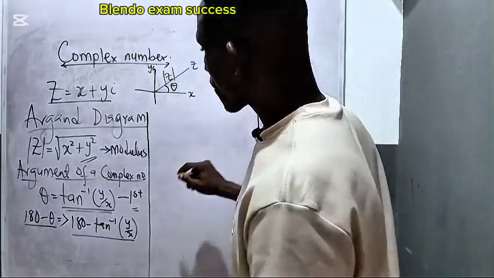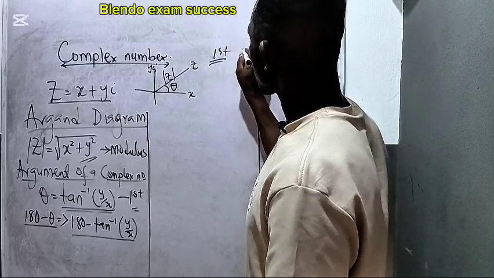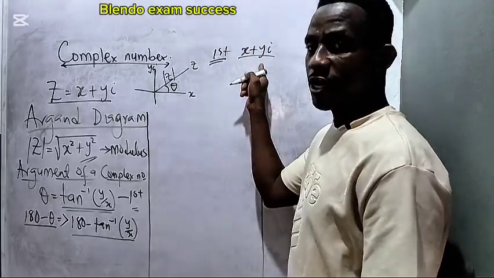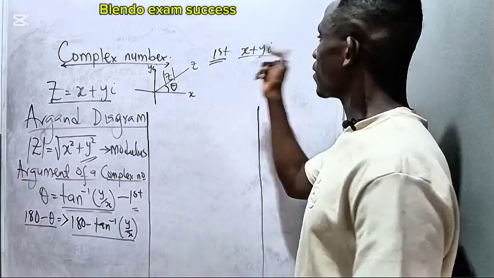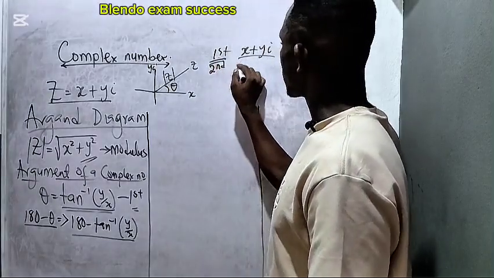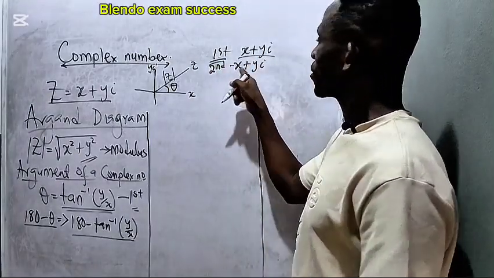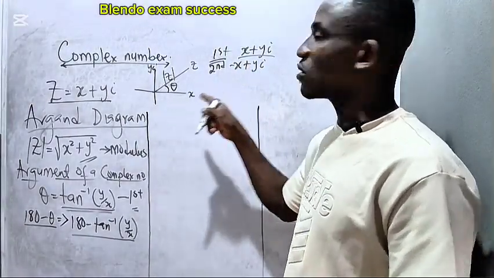So now, for the first quadrant, a complex number looks like x plus yi. This is how it looks for the first quadrant. When you see a complex number like this, know that it is in the first quadrant. Then when you see a complex number like this, minus x plus yi, know that this complex number is in the second quadrant.